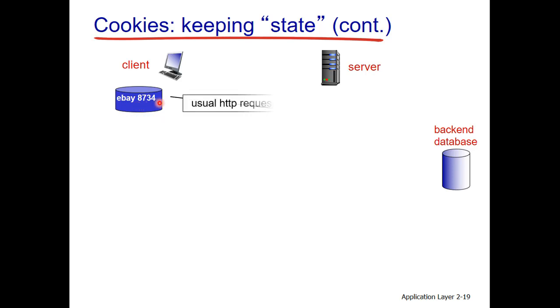Now you send an HTTP request to an Amazon web server. What Amazon does is it creates an ID, because this is the first time you are visiting. This is the ID number 1678 for the user, and it creates an entry in its backend database against this ID.